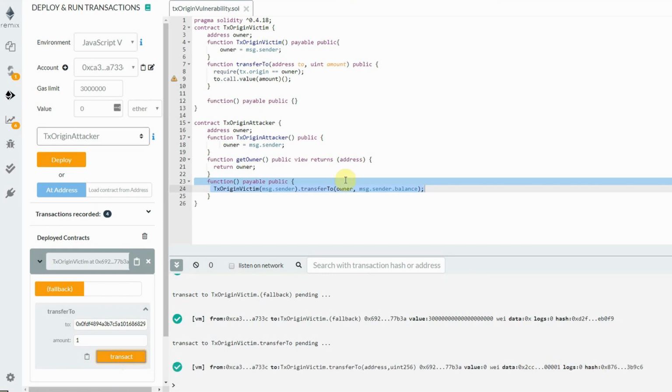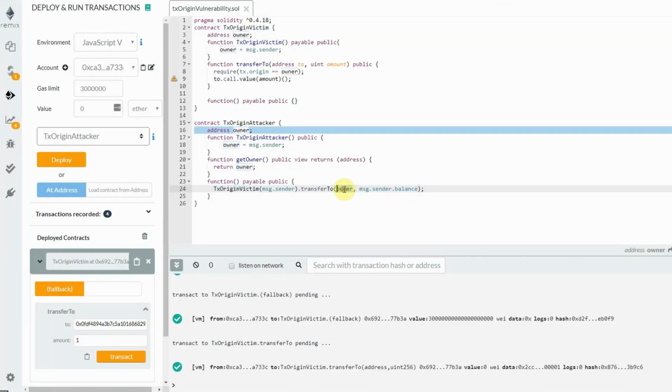Now we have transacted. What happened was that the fallback function was activated, and the fallback function took the contract that sent the money with the msg.sender, which is essentially the contract itself, and the contract had a balance of 30 Ether.